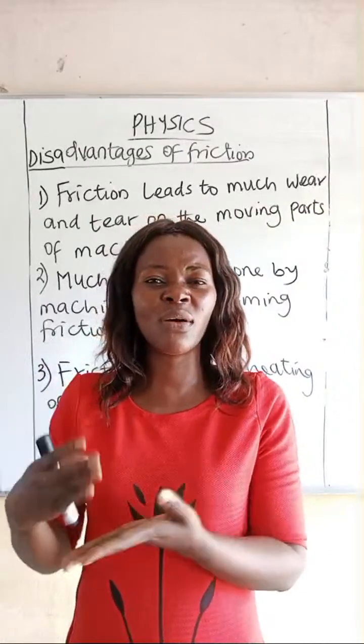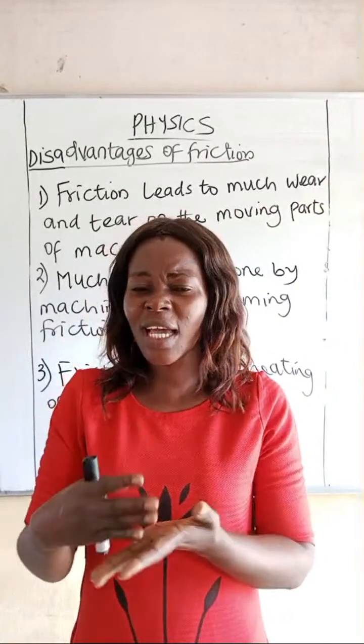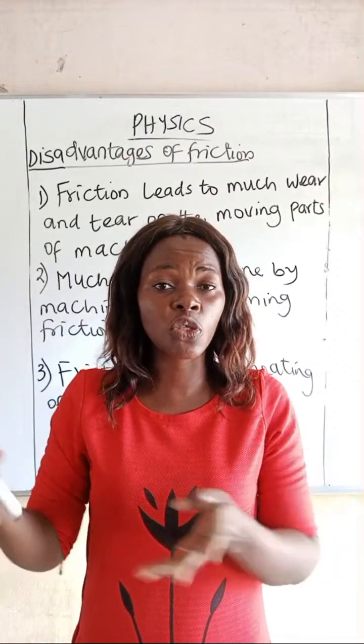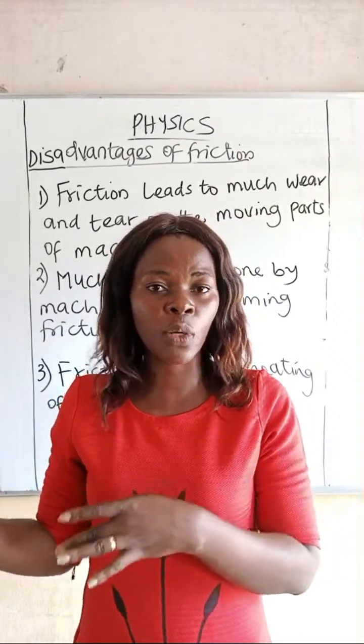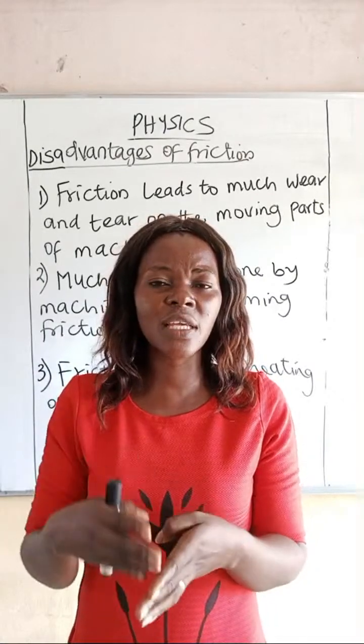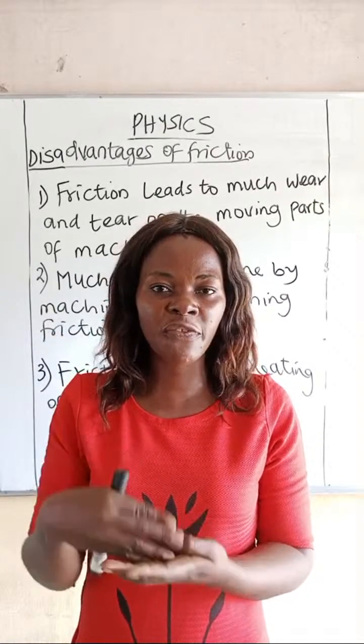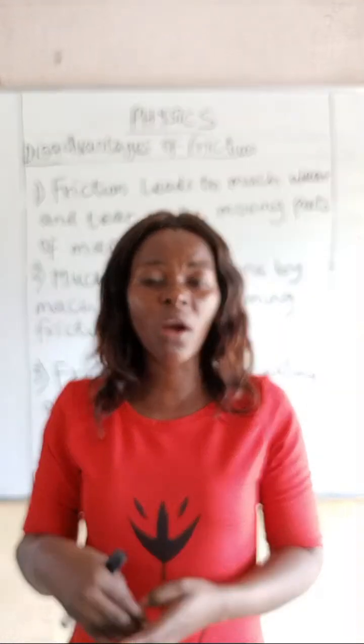It's going to take you a longer time, and the time you have wasted is time you could have used for other things or for 5 more clothes. So there is need for us to avert this friction and reduce its effect so that the machine can work effectively.